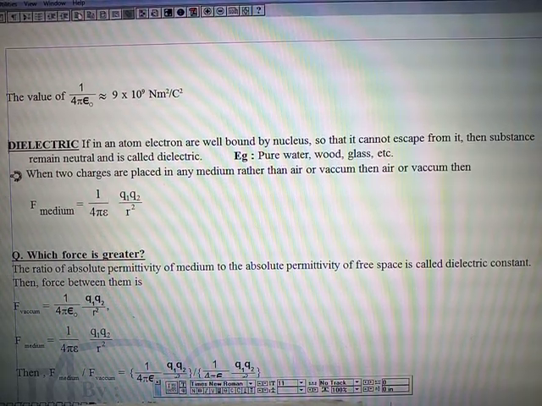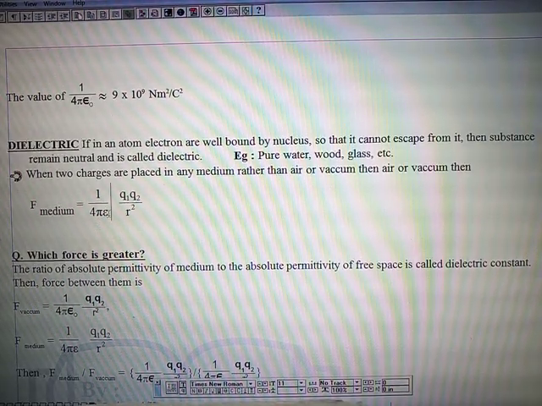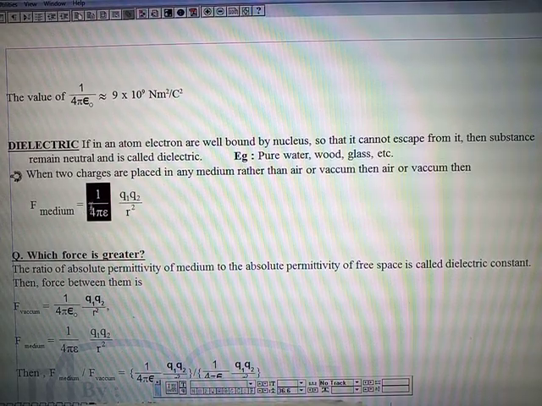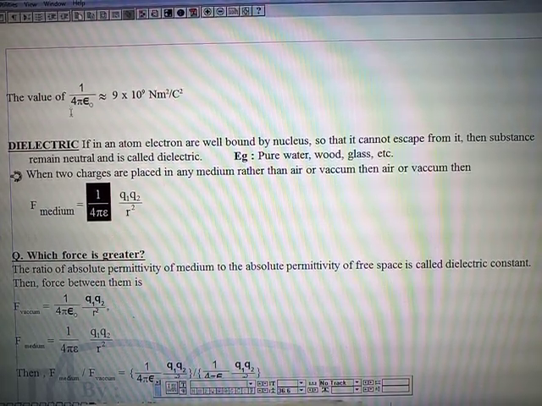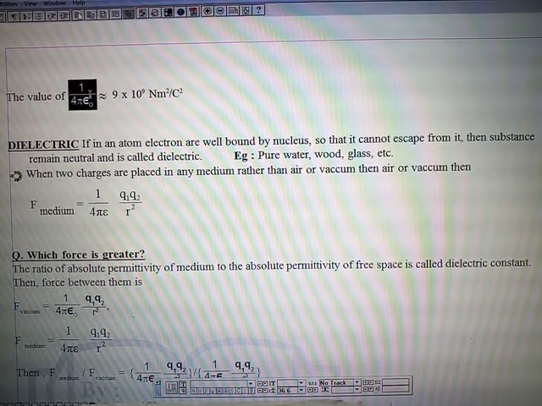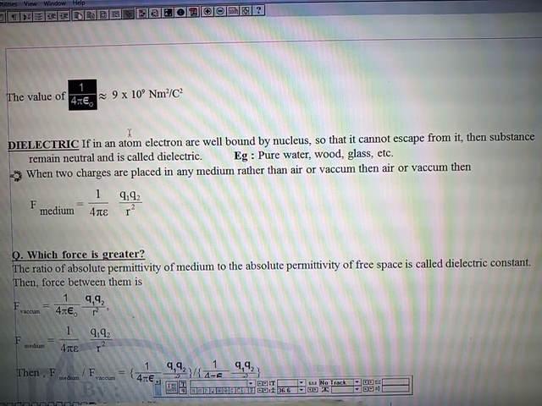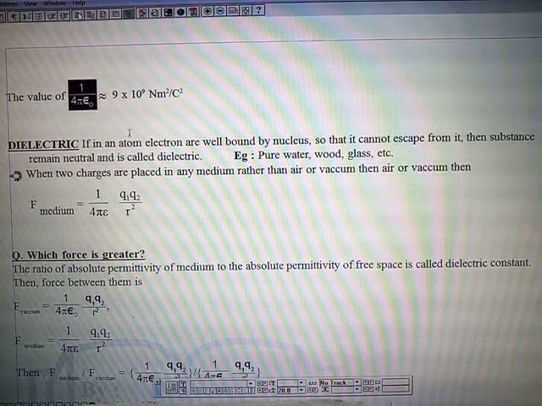So if it is a dielectric medium, then we will write the epsilon. Is it right? 1 by 4 pi epsilon, whereas in the last class we discussed 1 by 4 pi epsilon naught.